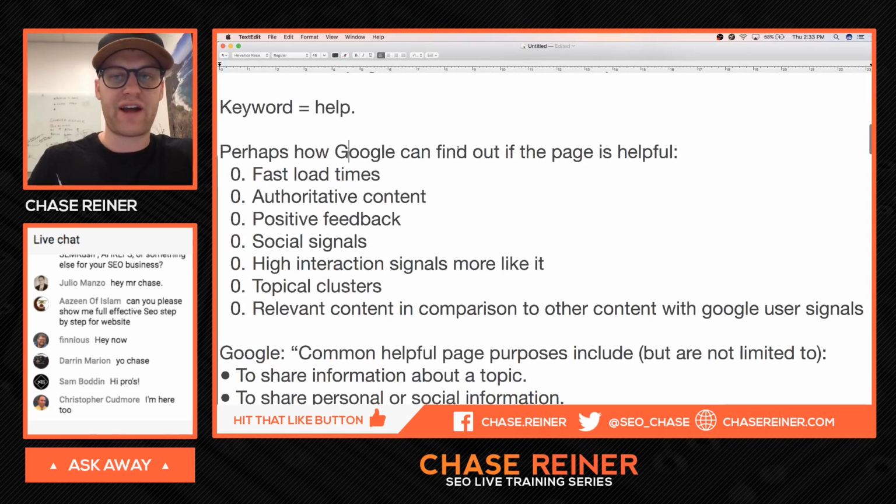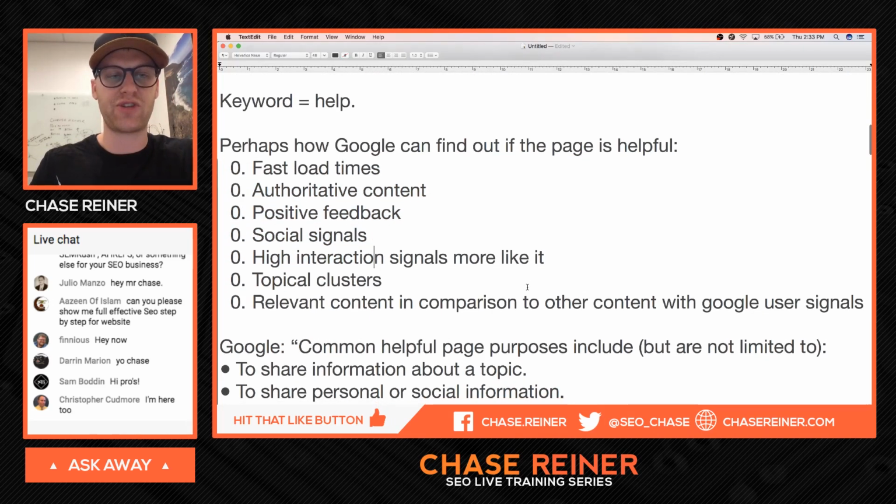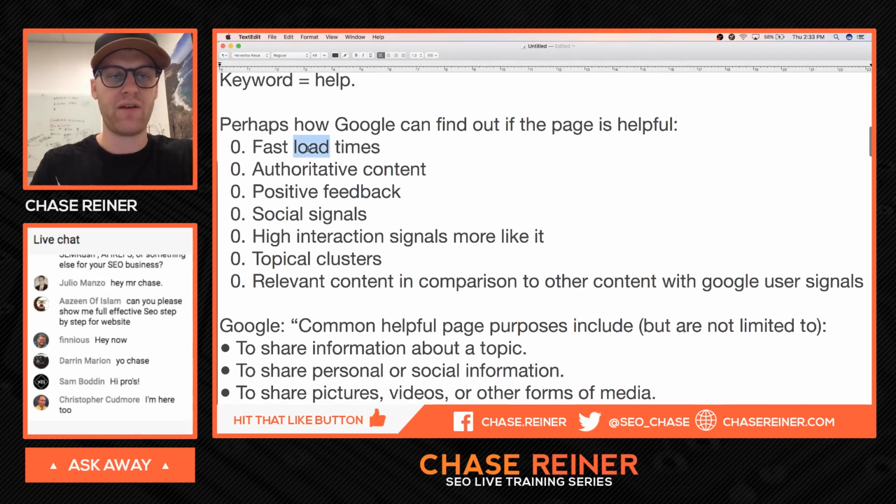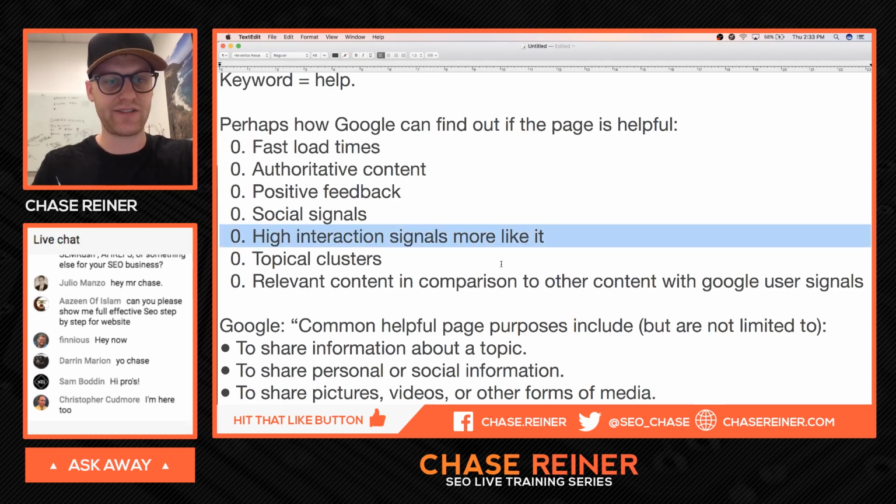Perhaps Google can find out if the page is helpful. So these are different things that I took notes of, things that could be helpful, right? Fast load times, authoritative content, positive feedback or reviews, social signals, high interaction signals, if that is a ranking factor. We don't know for sure or not, but we can take guesses that it is.